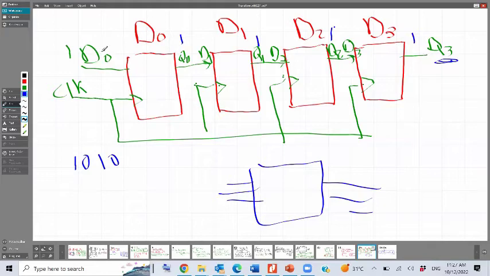I need to see if you are inputting 101. I will see here 101 at clock 4, 5, 6. But you didn't enter anything, so after 6, I will get zeros. Okay? All right, thank you. Thank you, sir.